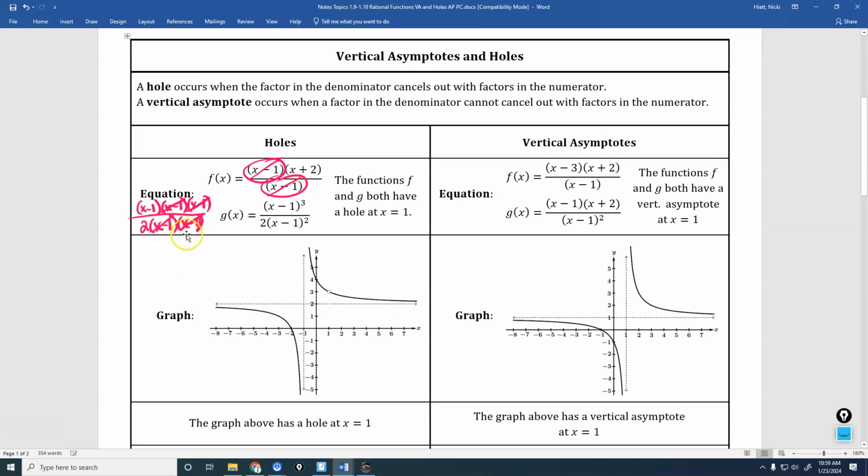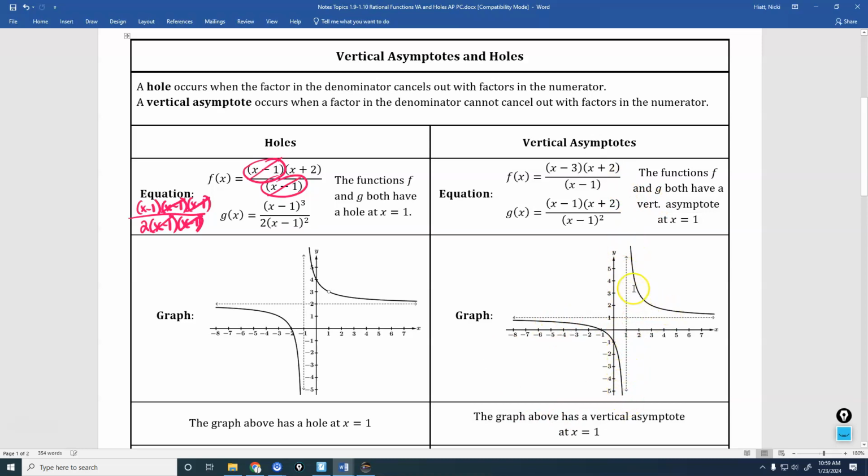Okay? However, if we have zeros in the denominator that do not cancel, so, for example, x minus 3, x plus 2, x minus 1, nothing cancels there, right? We are going to get a vertical asymptote. So a vertical asymptote is going to look something like this on the graph.